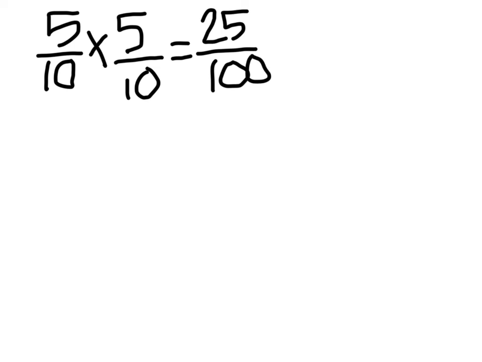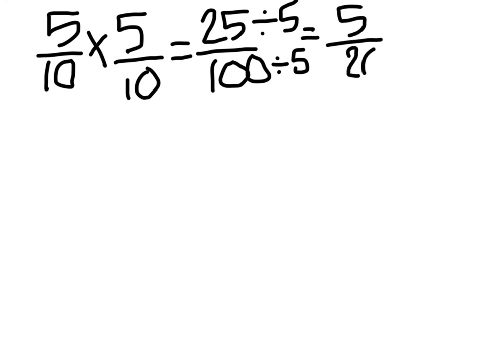You can divide that by 5. So 25 divided by 5 and 100 divided by 5. That equals 25 divided by 5 is 5, and 100 divided by 5 is 20. You can divide that even more.